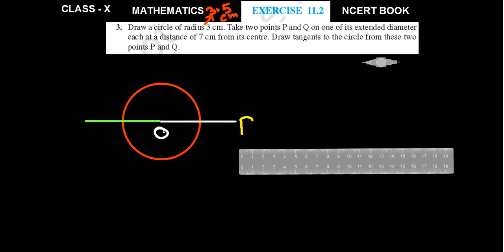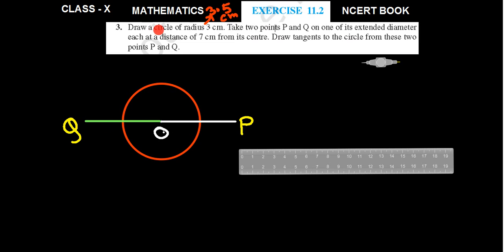Here is P and here is Q. Both the points P and Q are 7 centimeter away from this center O.